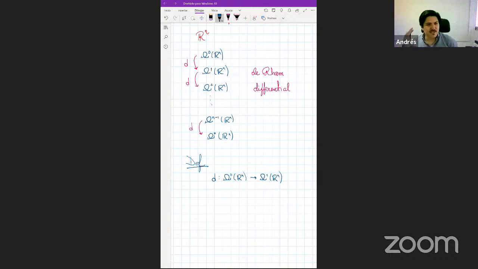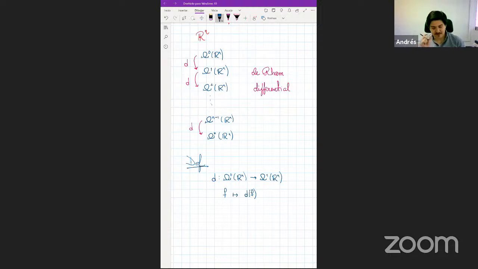Again, I'm doing this in Rn because we have global coordinates. So, if I have a function, this is what I was trying to emphasize before.